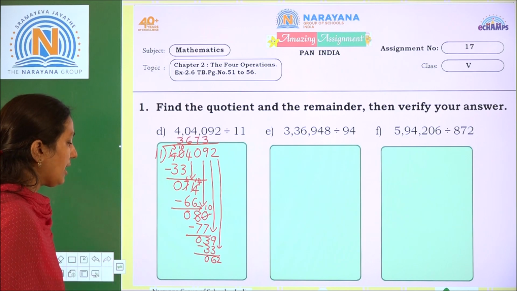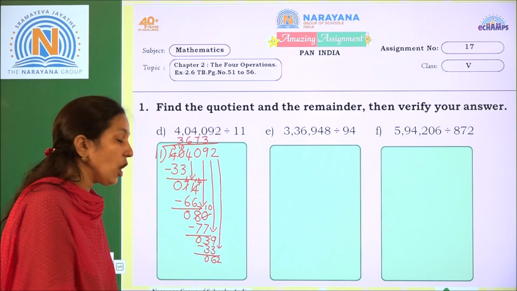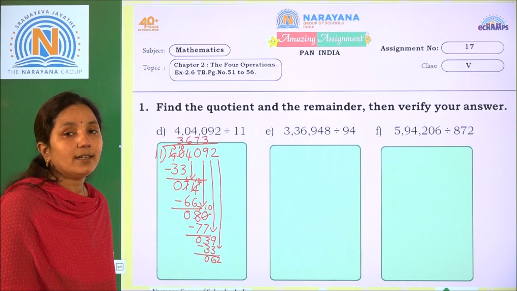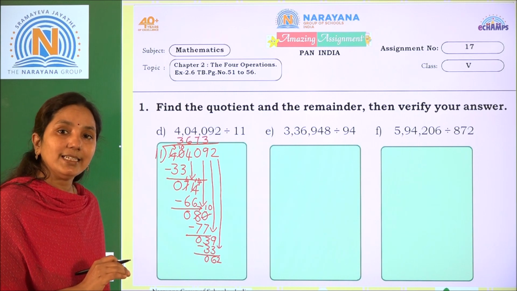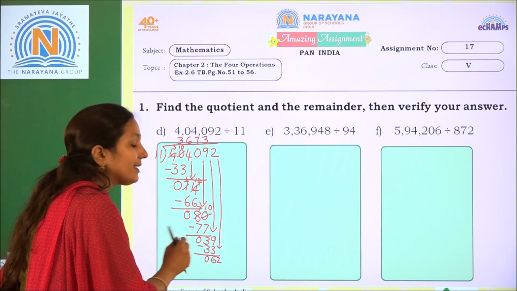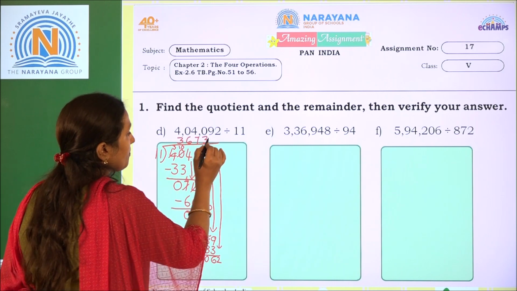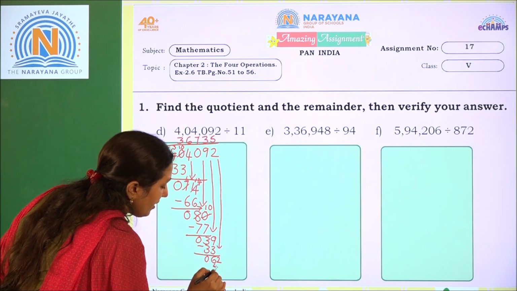Okay children. Now 62. How many times can we take approximately? How many 11s are there in 62? Can we take 6 times? No, because 6 11s are 66. 66 is greater than 62. So we can take 5 times. Okay children, so 5 11s are 55.